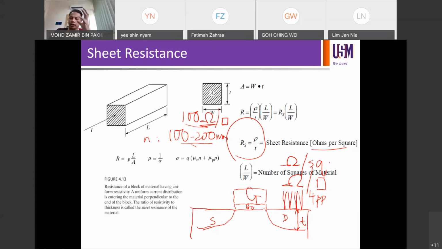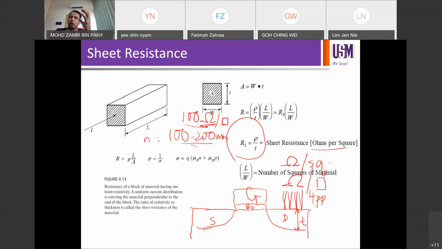So for your carriers, if you're talking about a p-n junction, for example, if you extract electrons into the n layer and holes into the p layer, then we're talking about the journey of the electrons within the channel or within the doped layer.